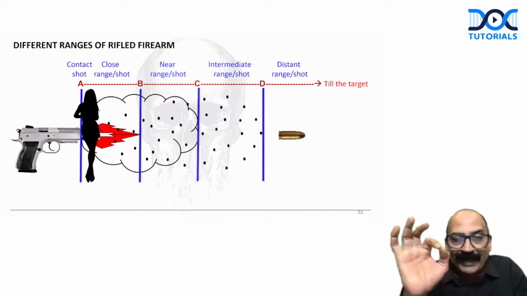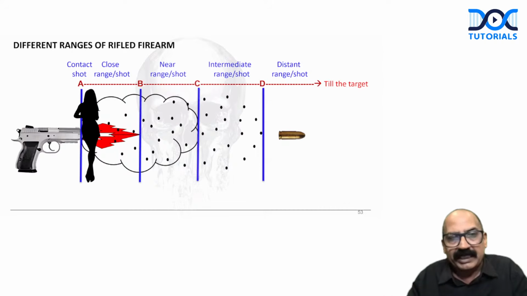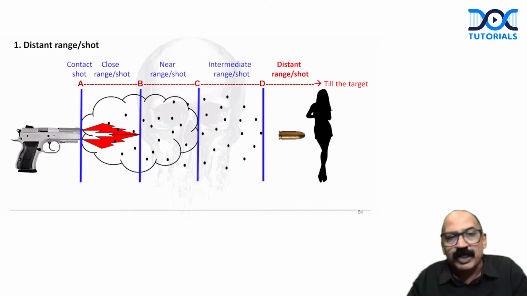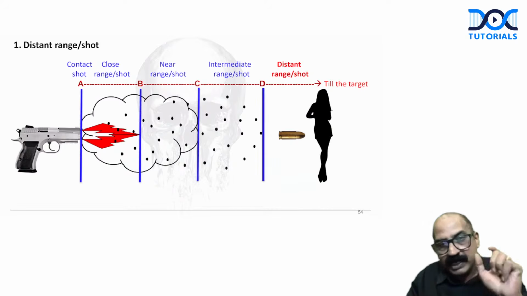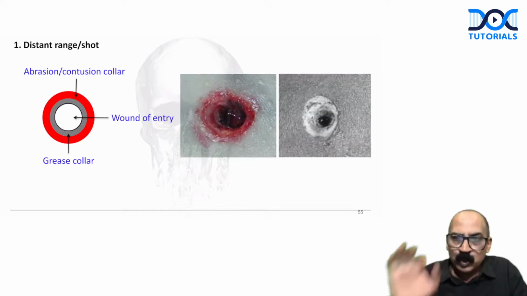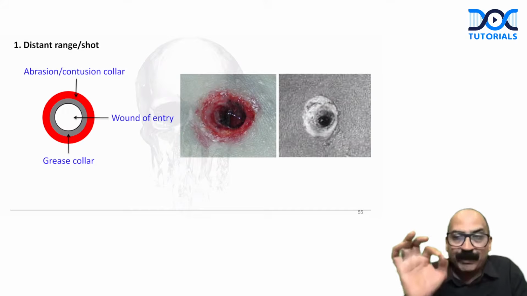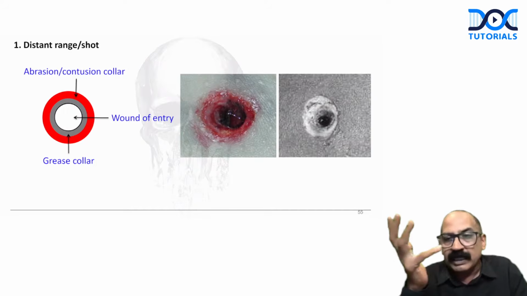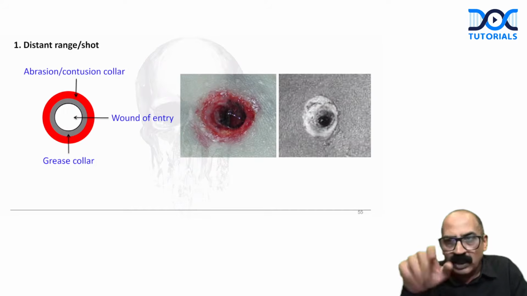Contact shot I explained under three different headings. Now, coming to the distant range, I told you only the wound of entry along with grease collar and abrasion collar, so it is very easy to identify. If this image is given, you just look whether the wound is surrounded by anything else like blackening or tattooing.